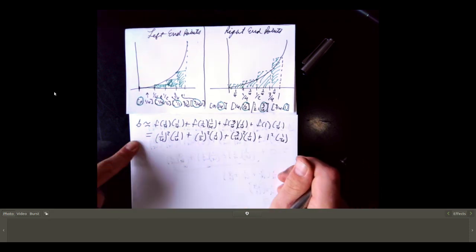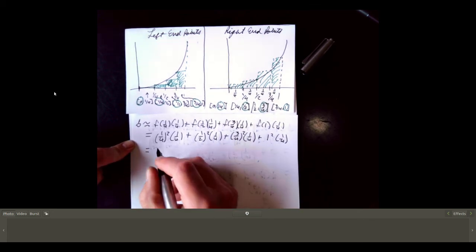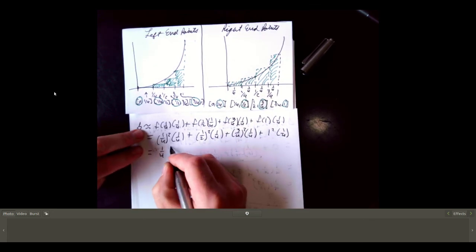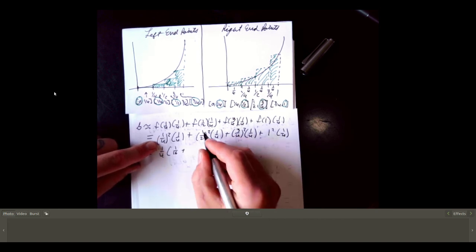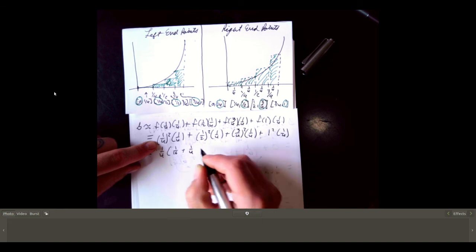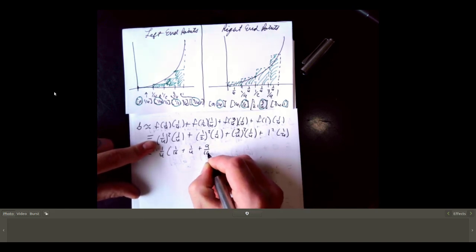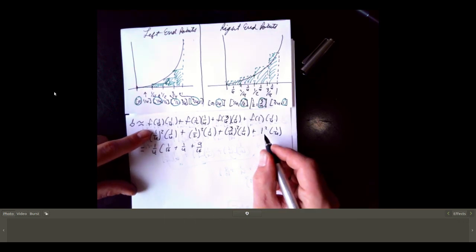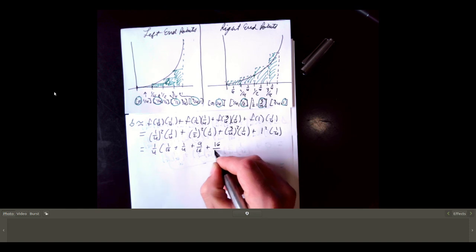And if we factor out the 1/4, this will give us 1/4 of 1 over 4 squared is 1/16 plus 1 over 2 squared is 1/4 plus 3/4 squared is 9/16 and 1 squared is 1, which for the sake of argument is 16/16.